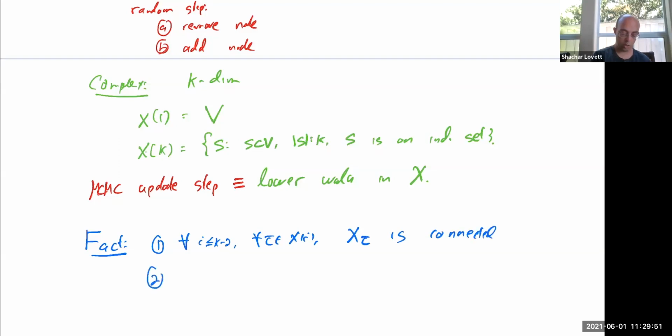And second, for every tau in X k minus 2, X tau is a 1 over k spectral expander. This is a graph now. Spectral expander.